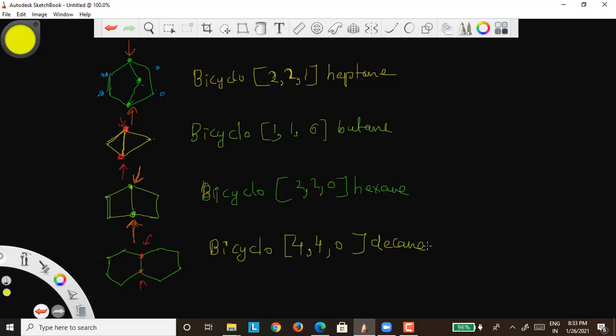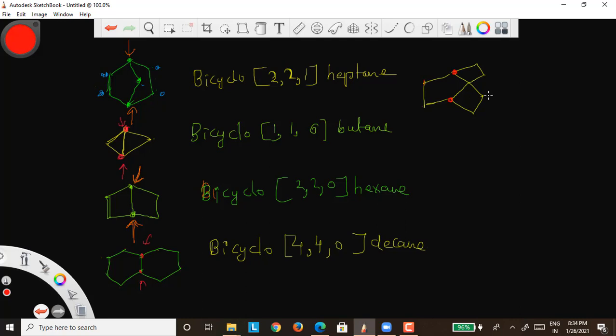So you can give the name like this. Suppose you increase the number of carbons. Suppose we give it like this, in between we give like this. Okay. So in this one you identify what the bridgeheads are. These two are bridgeheads. In between the bridgehead and the other bridges you have two carbons.